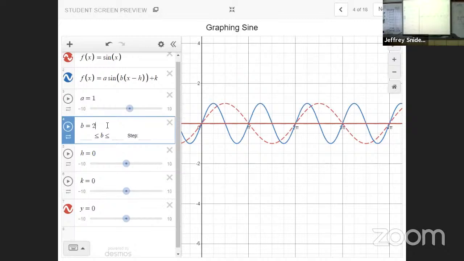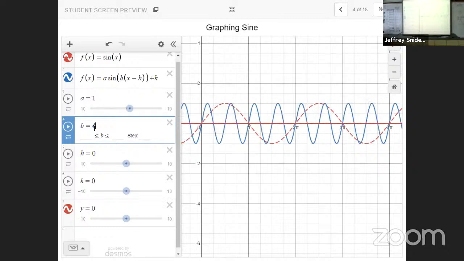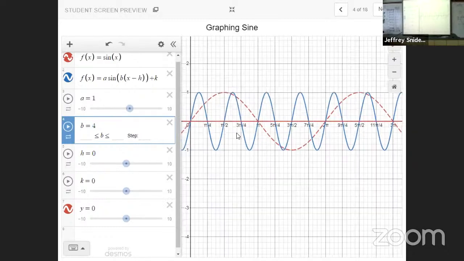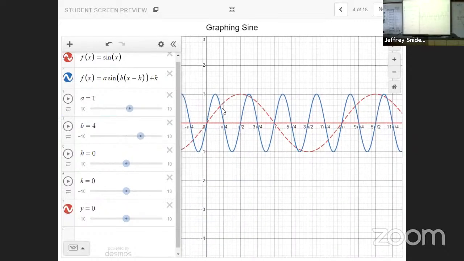So the value of B has an effect on the period of the function, how quickly it goes through one cycle. If I make this 4, now we see the graph, let me zoom in here, goes through a cycle in pi over 2 radians.